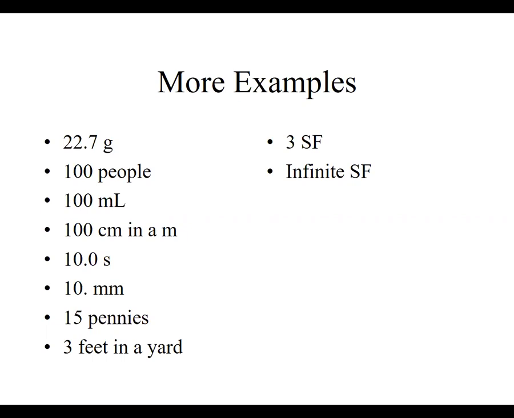That could be anything from 0 to 9. In that case, I have two significant figures, and I'm somewhere, give or take, about 10. I could be between 90 milliliters and 110. And I would have only two significant figures there. The first 0 is already uncertain. That's my last significant figure.